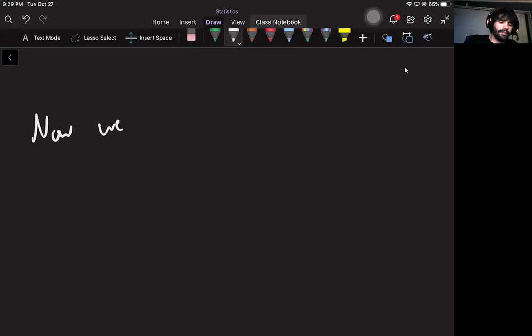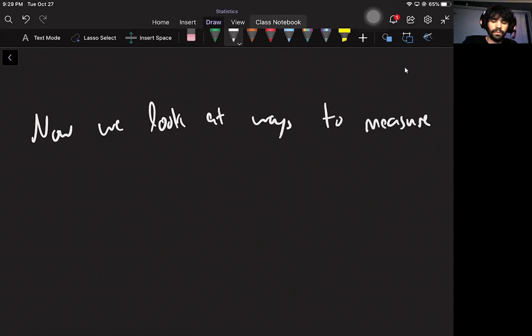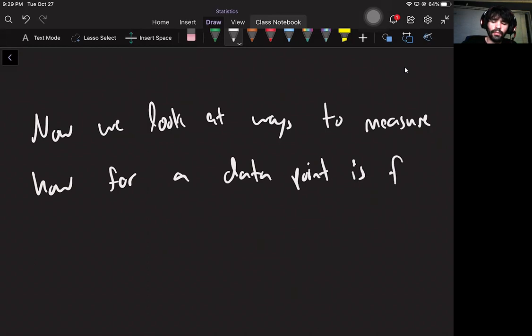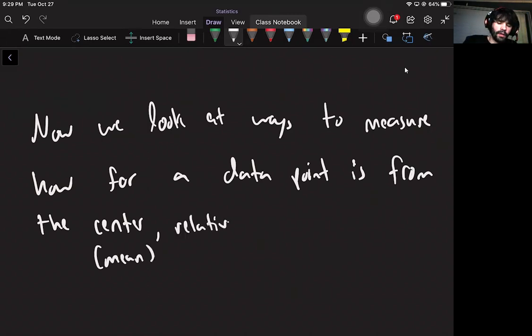So now we look at ways to measure how far a data point is from the center, more specifically the mean in the first methods, relative to how spread out the data is.